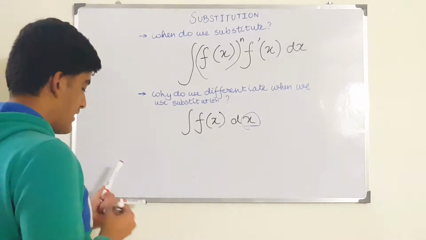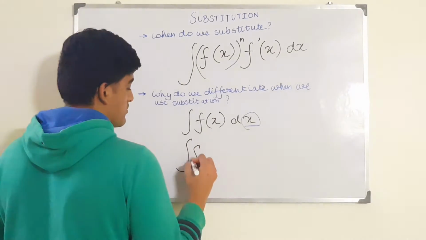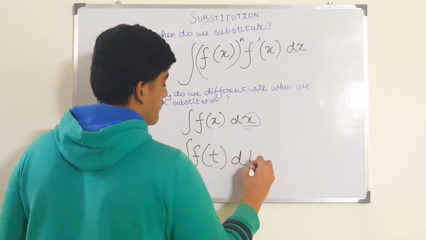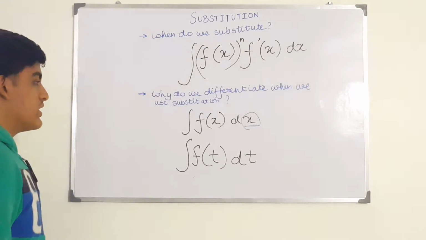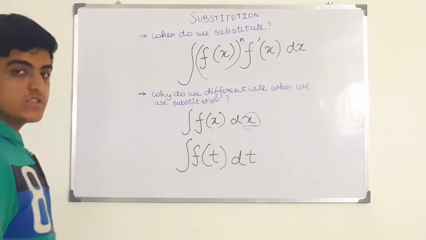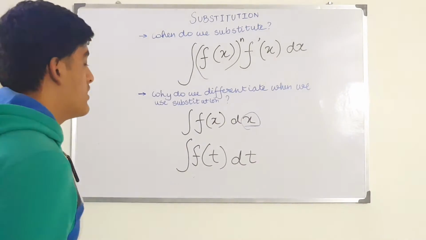So if we say take another variable, say t, we should just have a function of t within the integral. We can have unknown constants, that won't matter.